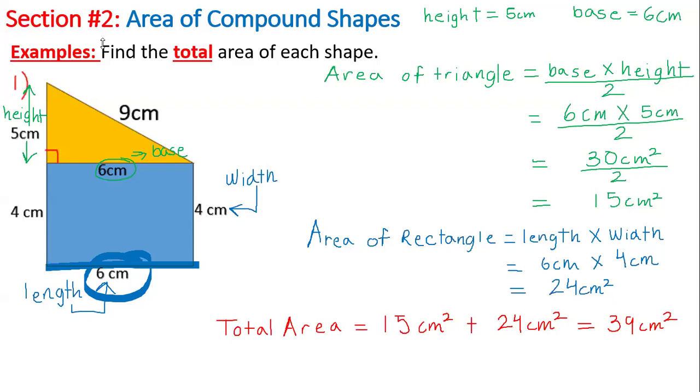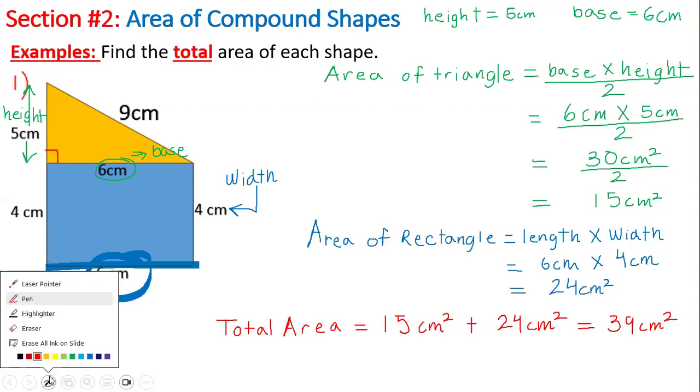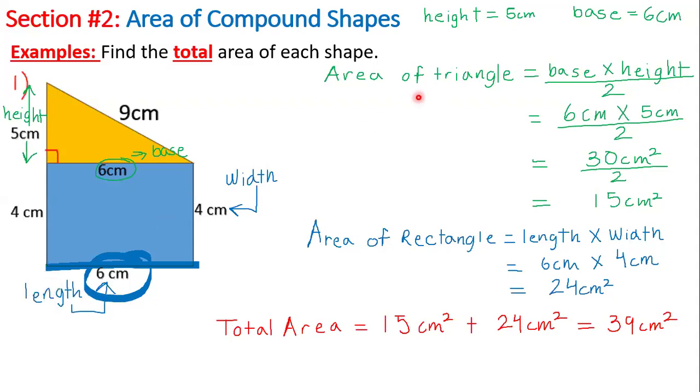Yes, sir. Okay. So for the area of a triangle, what's the formula? Base times height, divided by 2.